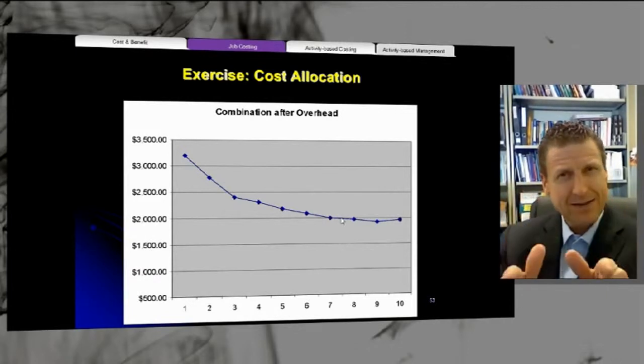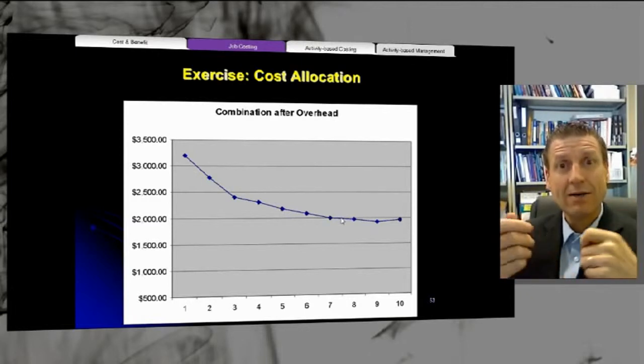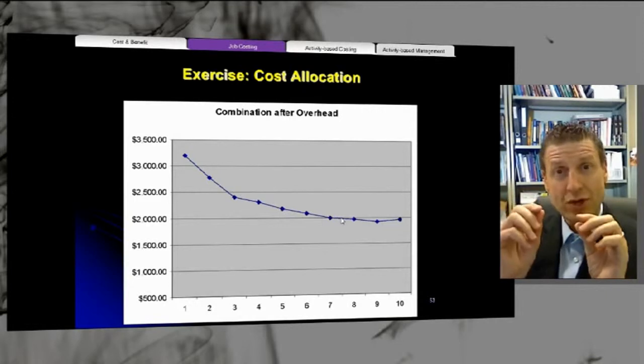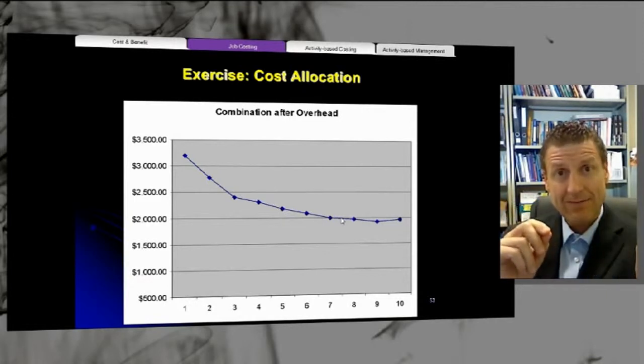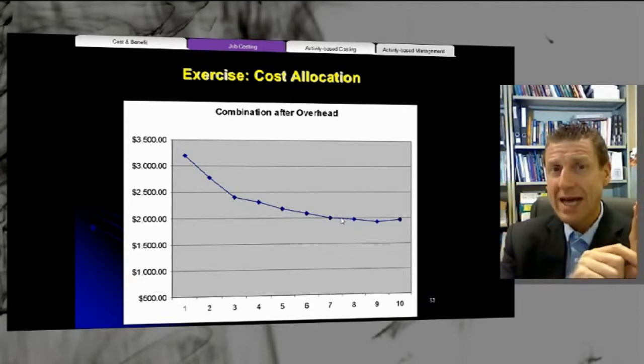Now, at the end of the day, it all gets down to the costs and the benefits of the information for the decision you're making. So, as we try to get more accurate information for good decisions, the incremental benefit of that accuracy goes down. We can't make better decisions.